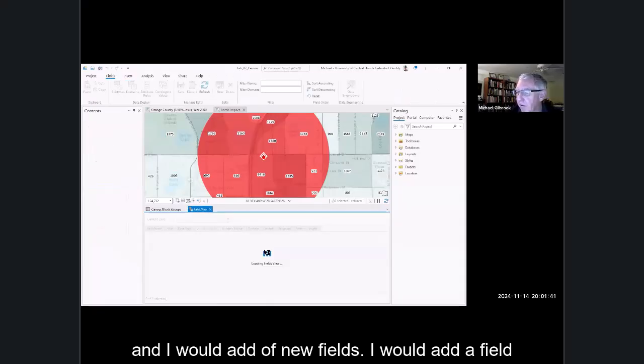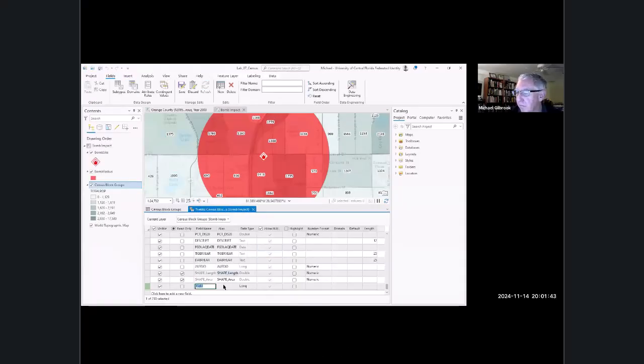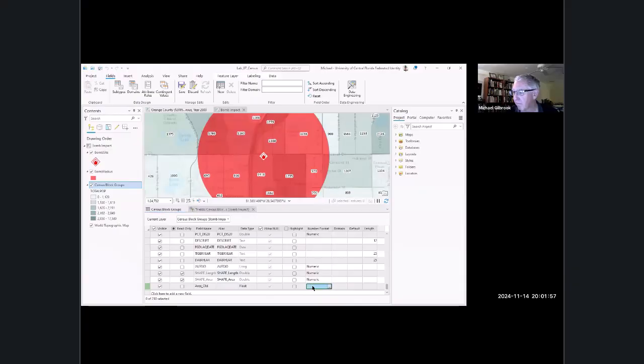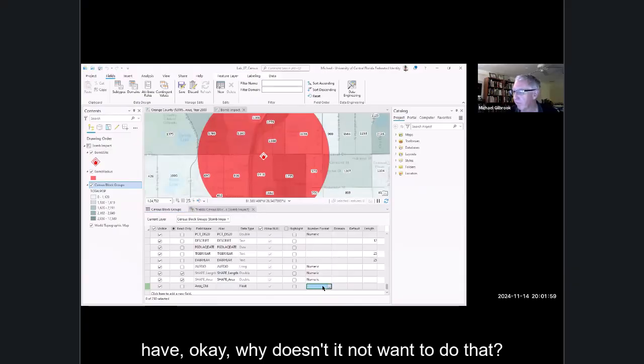I would add a field called area old, and it is a floating point value.